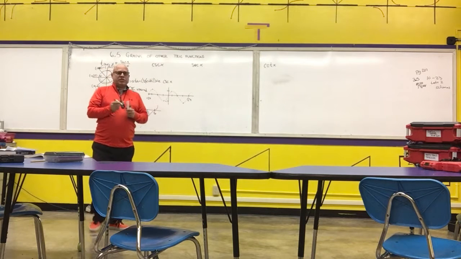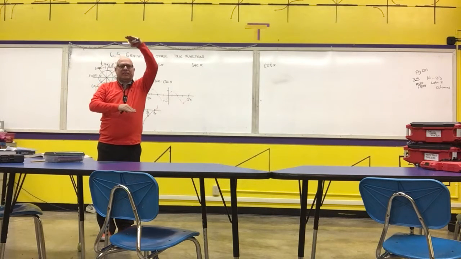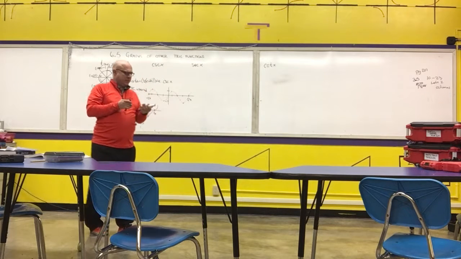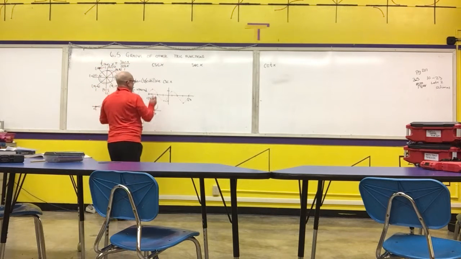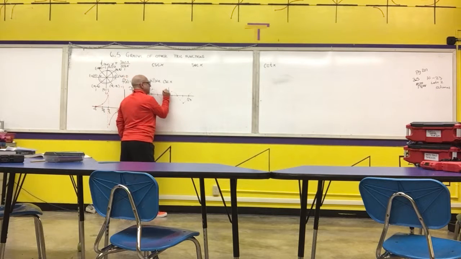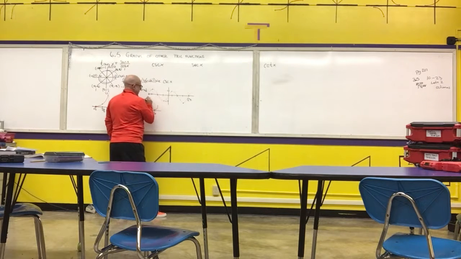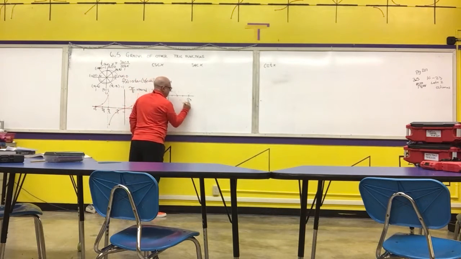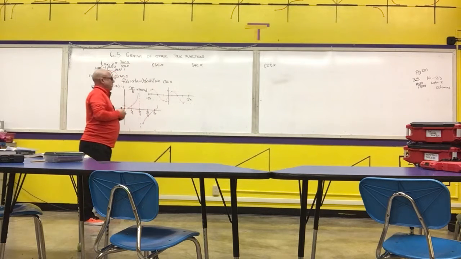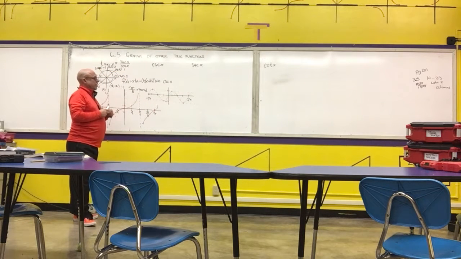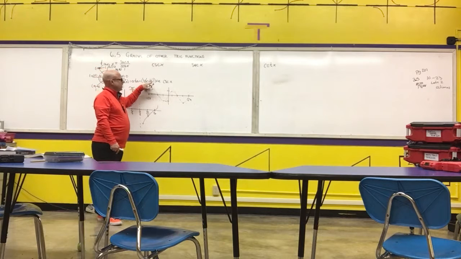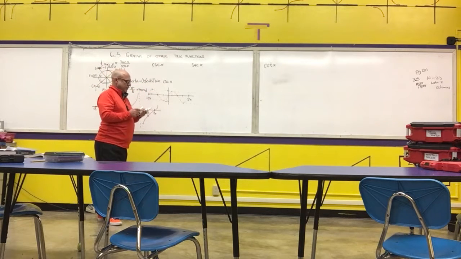The next thing I'm going to do is put dotted lines at the top and bottoms of the amplitude of the sine function. That's just to give me a rough guess point. And I'm going to just look at this. And remember that the cosecant function is 1 over this function.